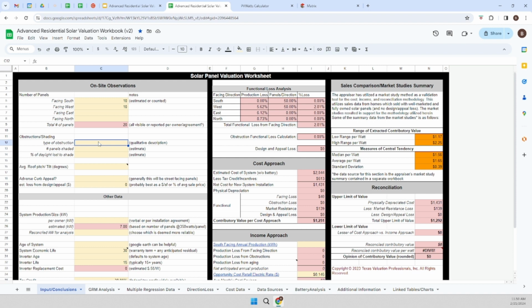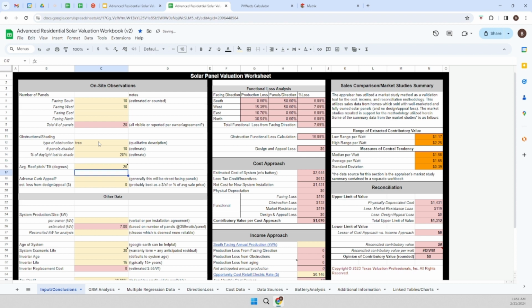And so for this example, I'm just going to say, well, I've got a tree that's going to block some of the west-facing panels, but it's really going to be just at the very end of the day. I'm going to make an estimate as to how much. Then I want to note the tilt of my roof.